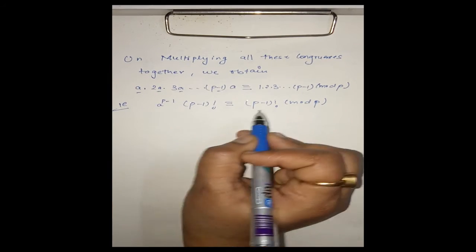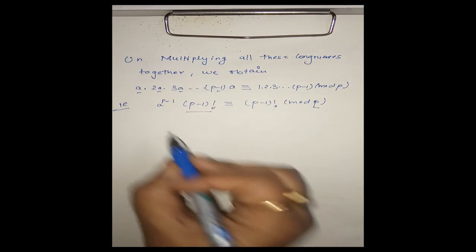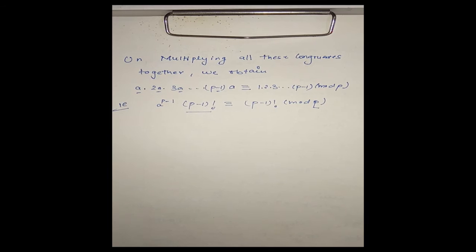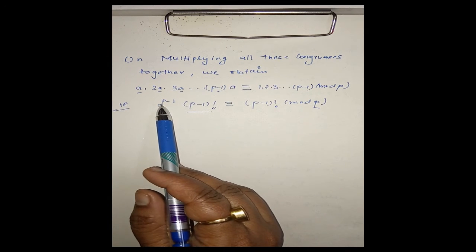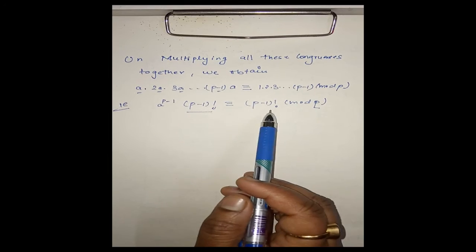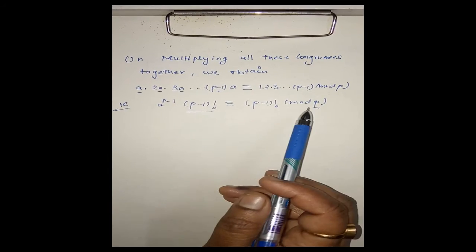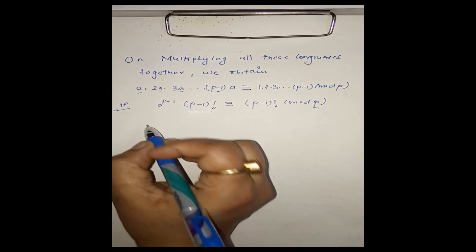Now the GCD of p and p minus 1 factorial is 1, and we can cancel out p minus 1 factorial from both sides and reach the statement of the theorem, that is a to the power p minus 1 is congruent to 1 modulo p. In order to cancel this out, we can also follow the steps one by one.